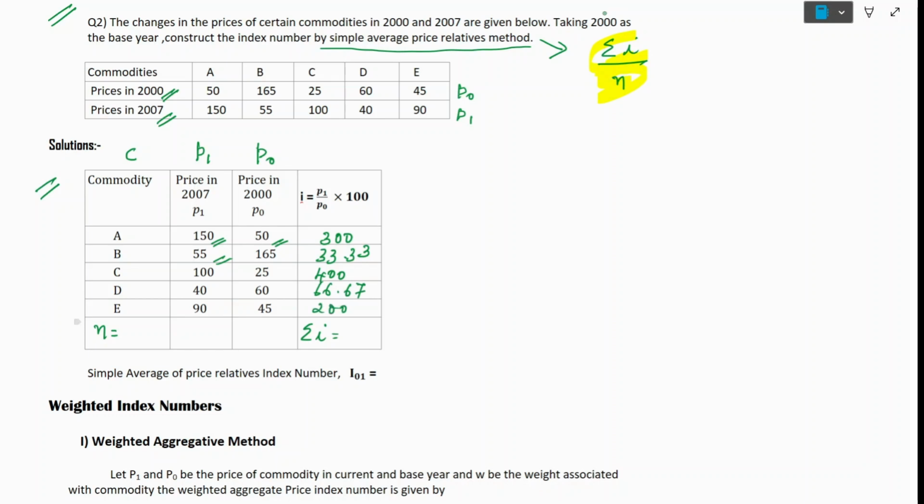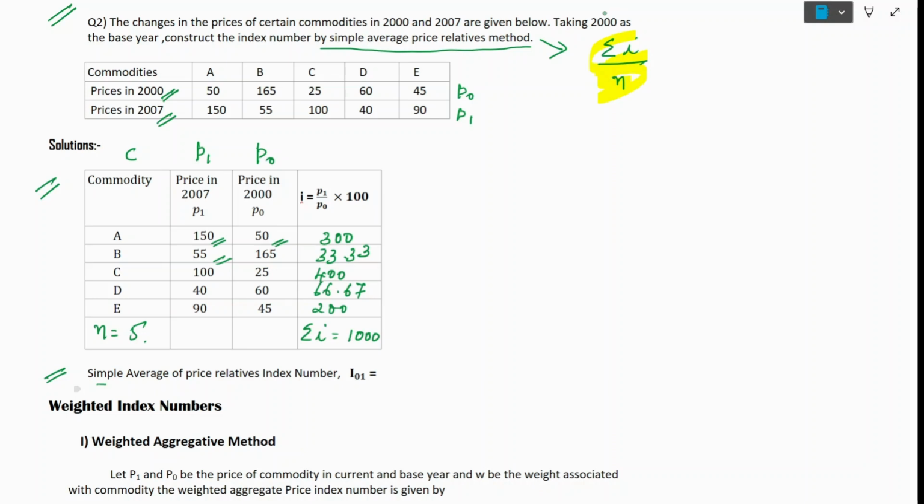After finishing I, you are going to calculate what is total I. In this column, you are getting it is 1000. And what is n? N again, it is equal to 5. Therefore, first step, your table is completed. What is the second step? Second step, you are going to write the formula. Which method?